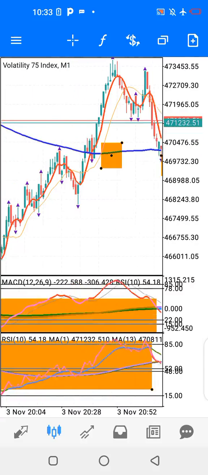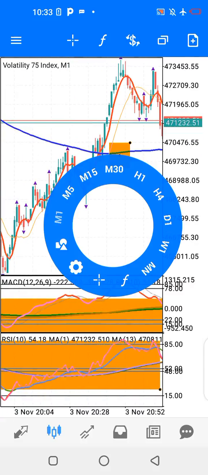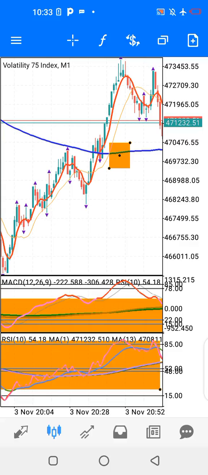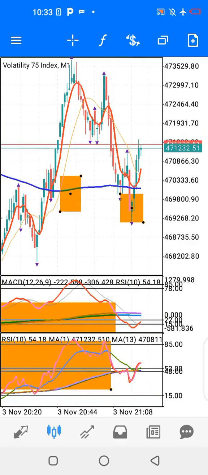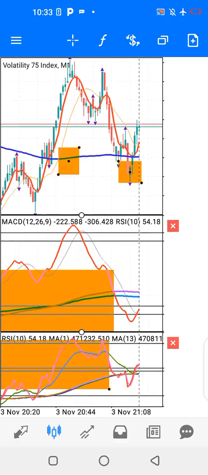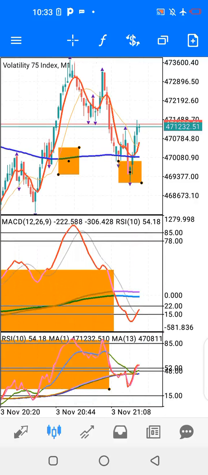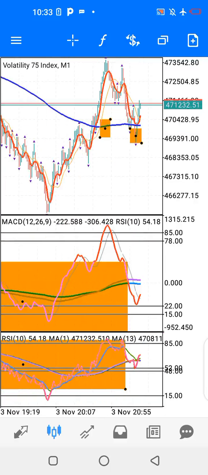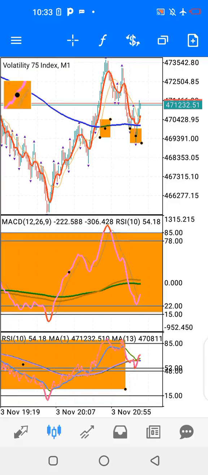Now let's look at indicator window 2. Let me expand it. This is my indicator window 2.